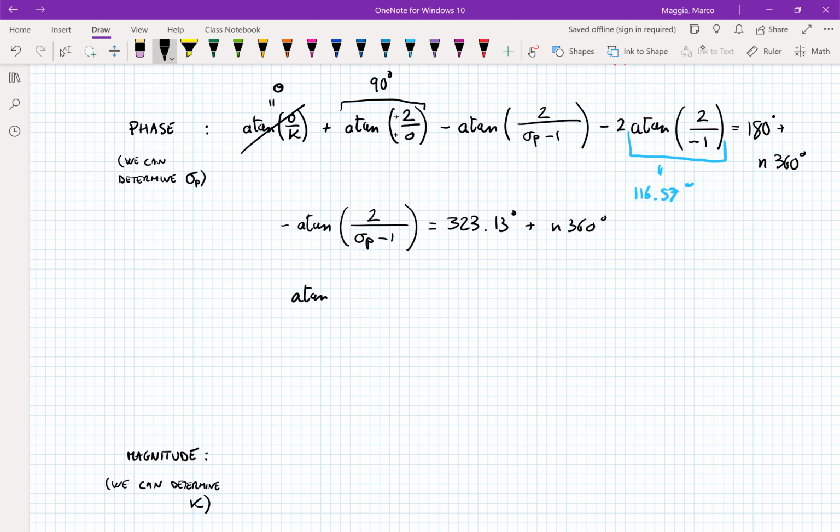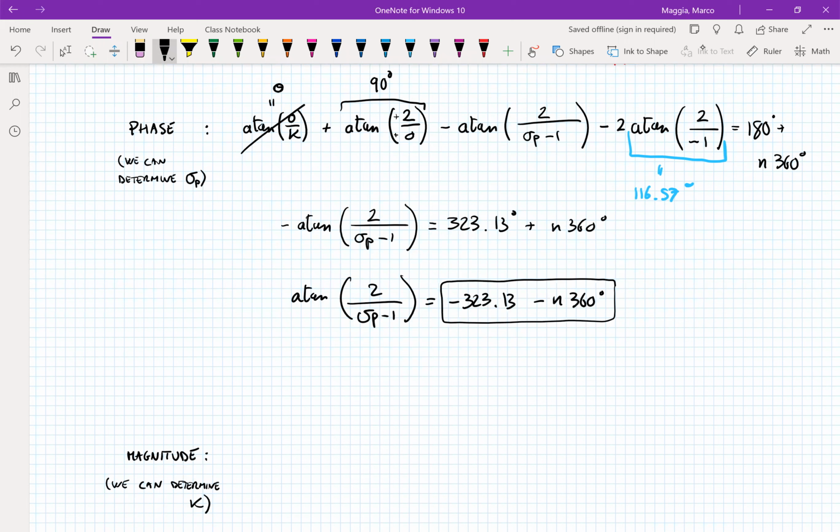So we have arctangent of 2 over sigma p minus 1 equals minus 323.13 minus n 360. Now here on the right-hand side, we want an angle that is between 0 and 360. So if we choose n equal to minus 1, then here we have minus 323.13 plus 360, that is 36.87 degrees.